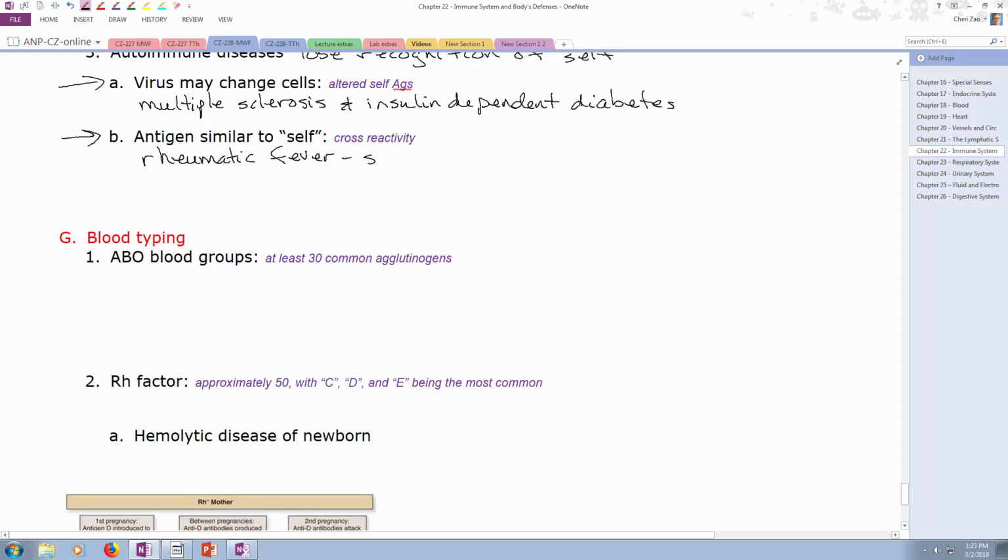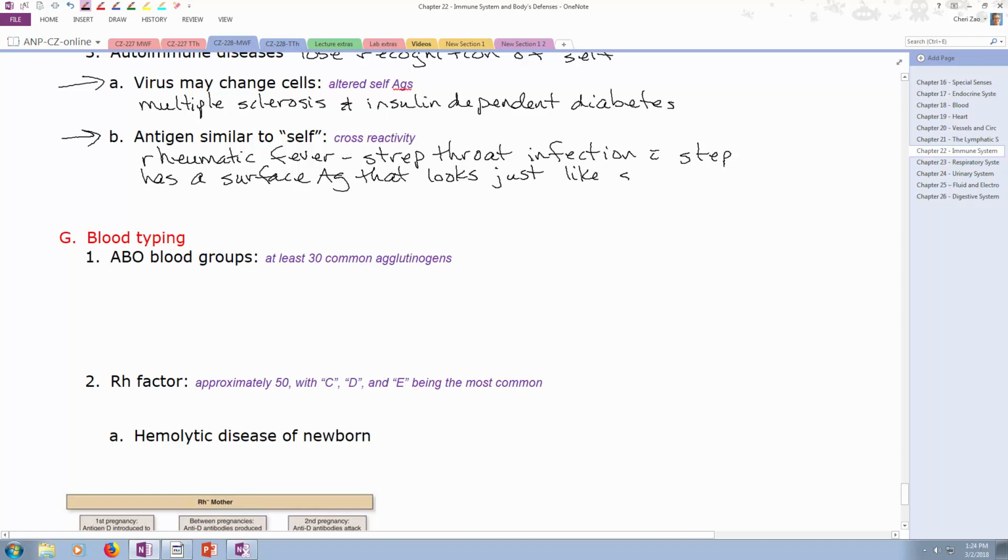Rheumatic fever comes about because somebody has a strep throat infection with a streptococcus that has a surface antigen that looks just like some surface markers of your heart valves.